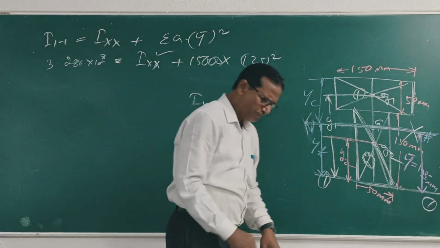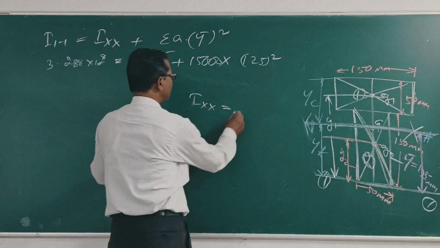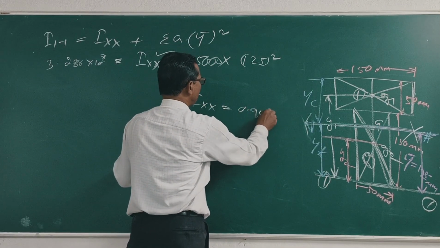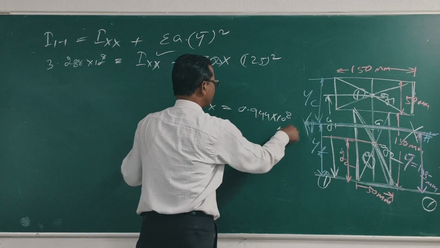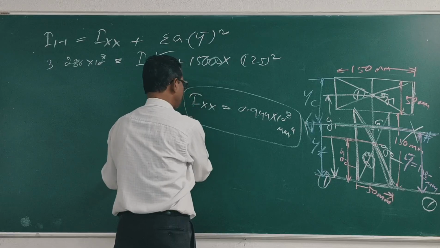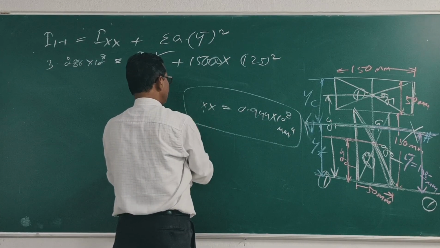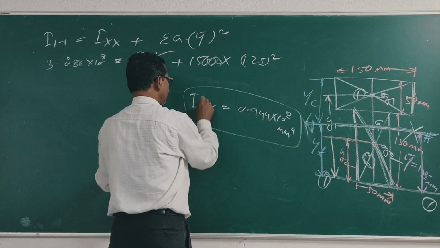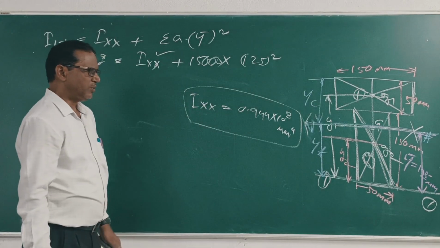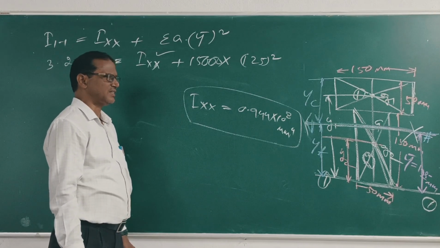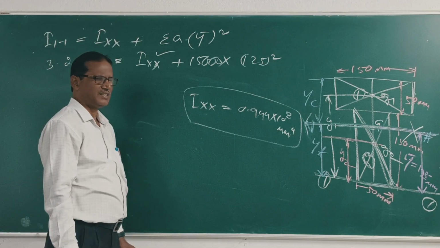IXX is equal to 1944 into 8 mm. Right? This is the moment of inertia about the x-axis. Means I, this is I.